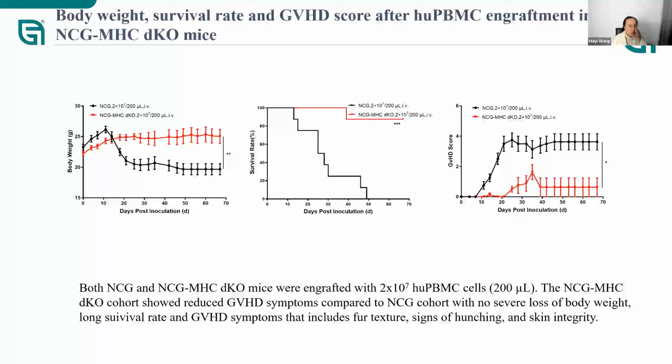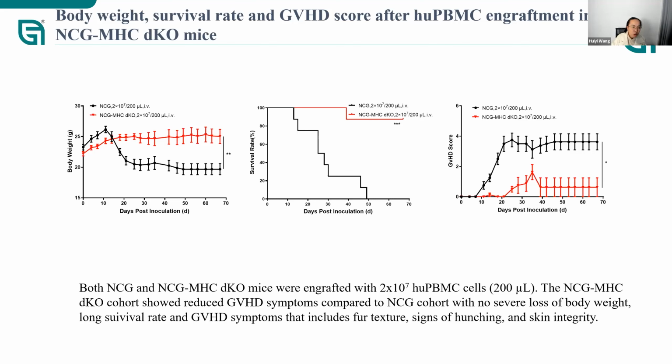And this is the body weight, survival rate and the GVHD score after PBMC engraftment in the NCG MHC-DQ mouse. As we can see, there is obvious body weight decline around week 2 post PBMC engraftment in NCG, but the body weight of NCG MHC-DQ is relatively stable.